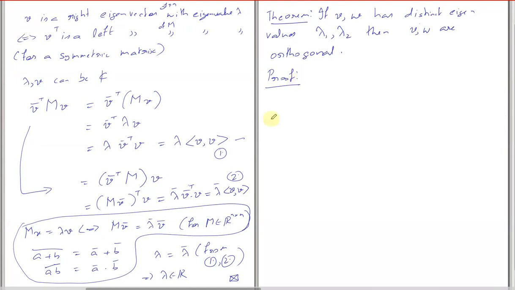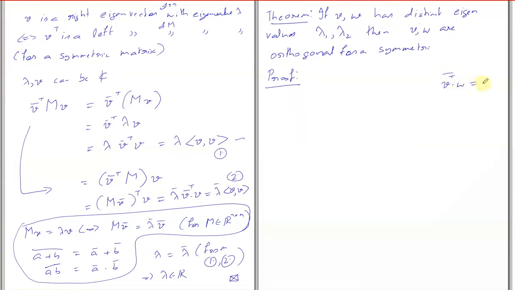So if you have eigenvectors with different eigenvalues, they have to be orthogonal for a symmetric matrix. Sir, orthogonal with respect to which inner product? The normal dot product, that is V bar transpose W equal to 0. Okay, sir.